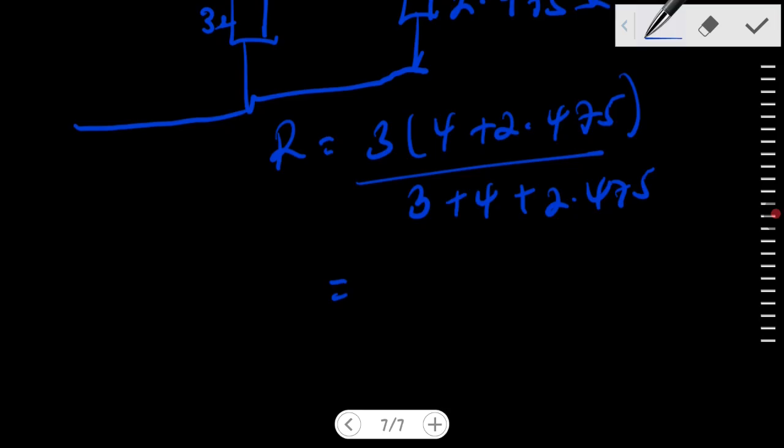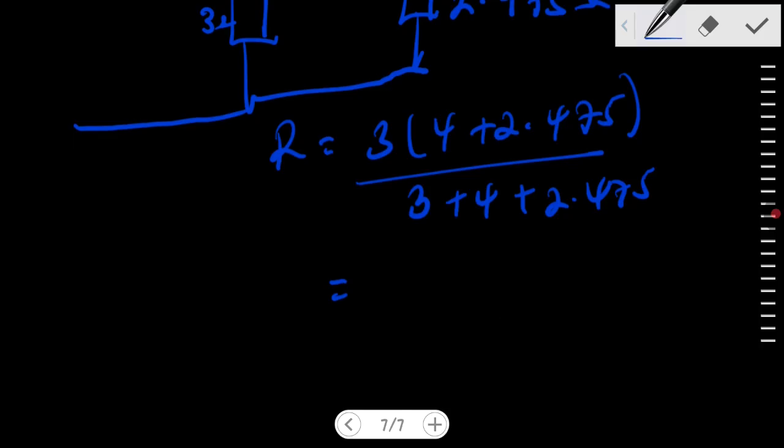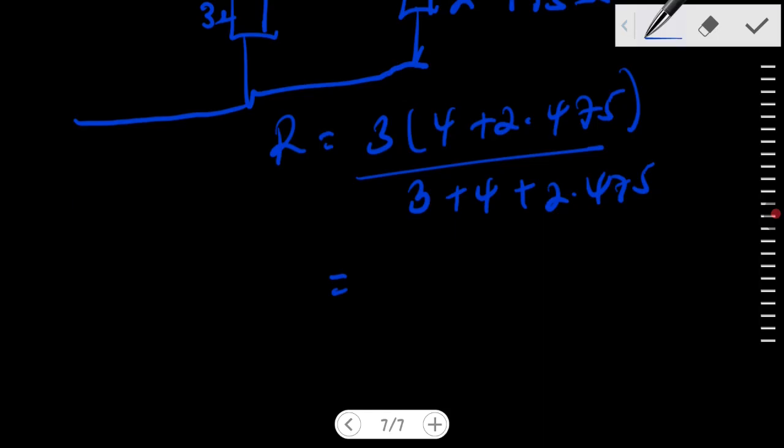Now, if you work out this, you're going to have something of 3 into 4 plus 2.475. We're having 19.425 divided by 3 plus 4 plus 2.475, right? And overall, at this point we would get 2.050 ohms, right?